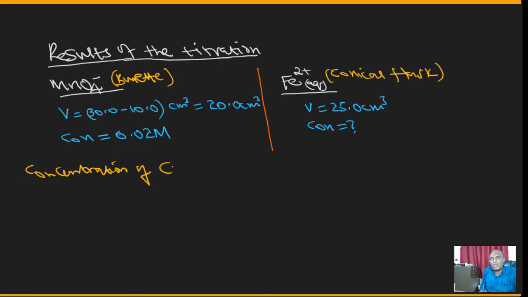That is what we want. But remember, this is a back titration, whereby we are going to calculate backward until we get all the way to the concentration of copper 2 sulfate.